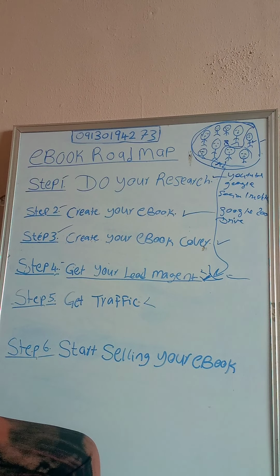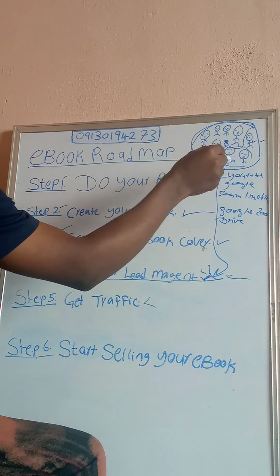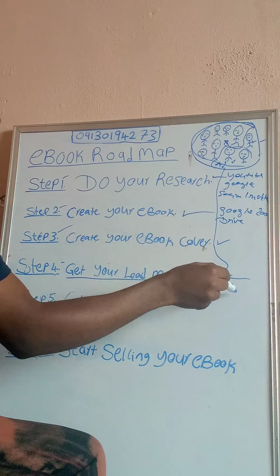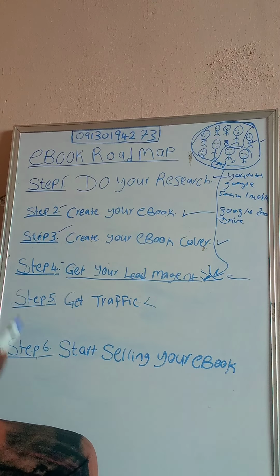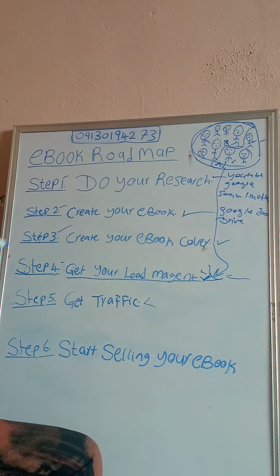When I say send traffic to your website, what I mean is run an advert to a group of people and redirect them to your website. So in your own case, it could be run an advert to people here and redirect them to your WhatsApp. It could be redirecting them to your social media handle or whatever. So traffic is you running adverts, people see your advert, and you redirect them to where you want.